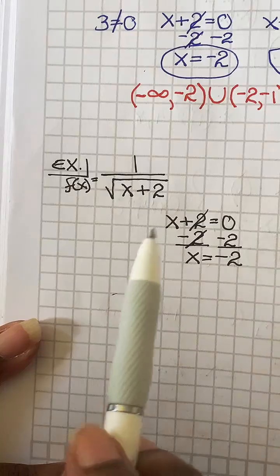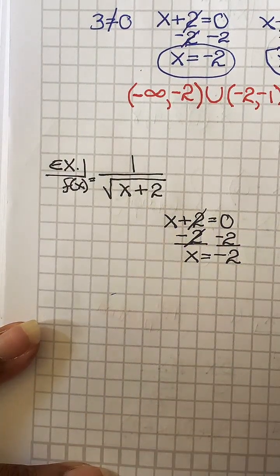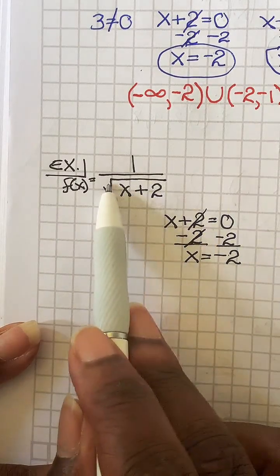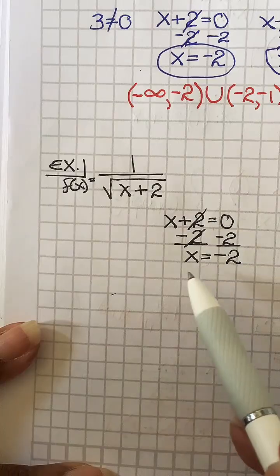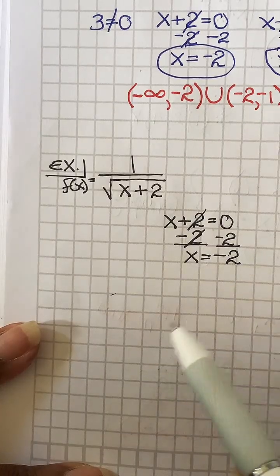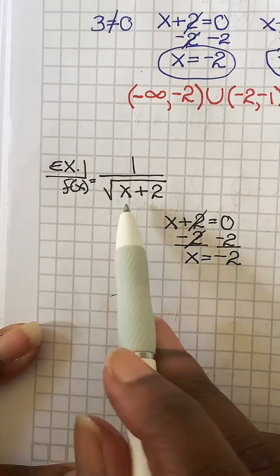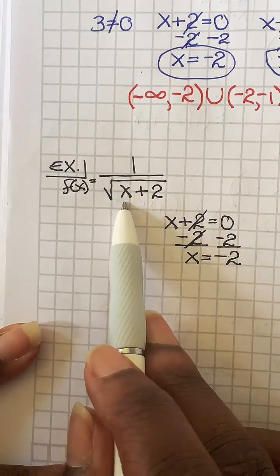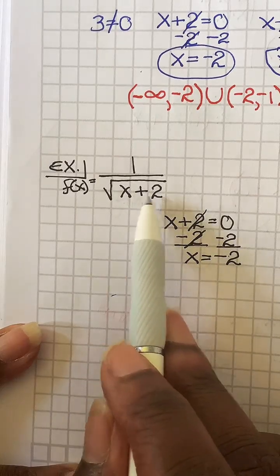But now I need to know, are there numbers larger than negative 2 that are also going to satisfy this radical, or is it going to be numbers less than negative 2? So let's say a number bigger than negative 2 is 0. If I plug 0 in for the x, I'm going to get 0 plus 2, which gives me 2.